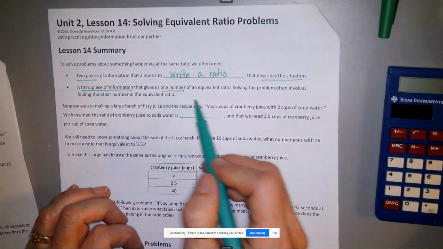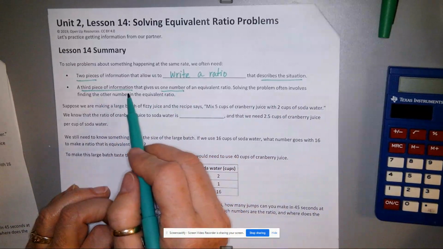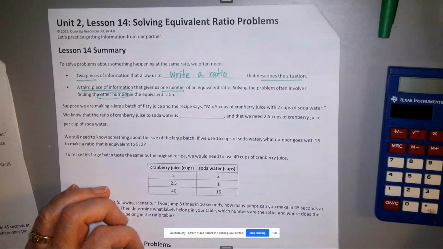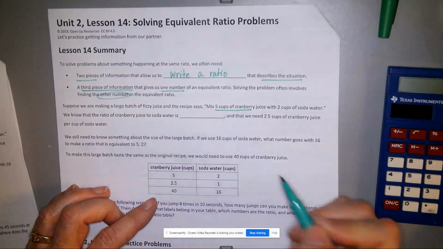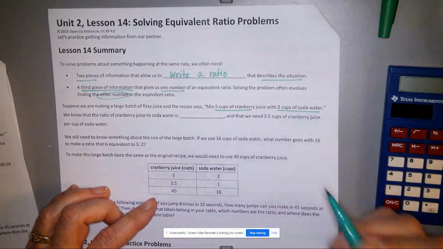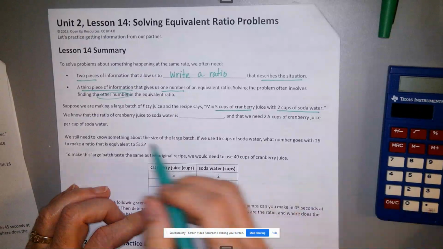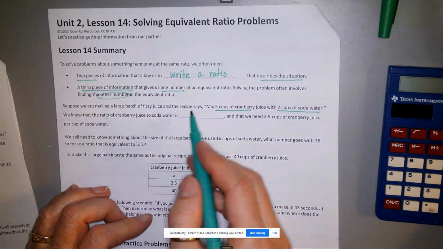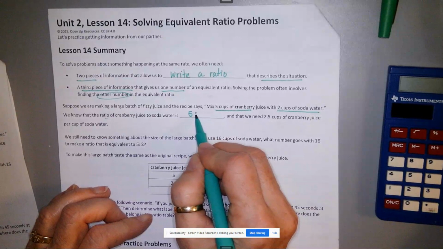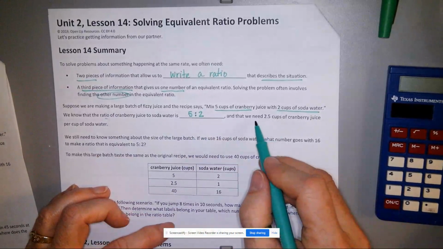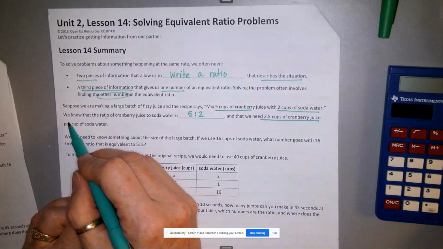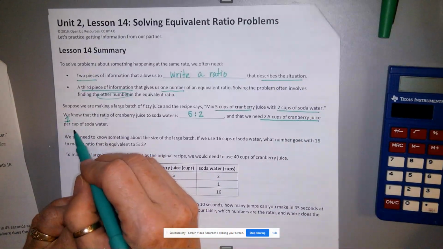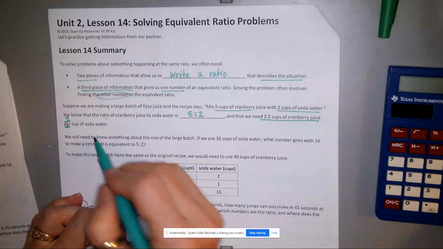They give us one number to help us find the other number. So let's look at this example. My recipe is 5 cups of cranberry juice, 2 cups of soda water. So our ratio is 5 to 2. What if I want 2.5 cups of cranberry juice per 1 cup of soda water? So there's our unit rate.